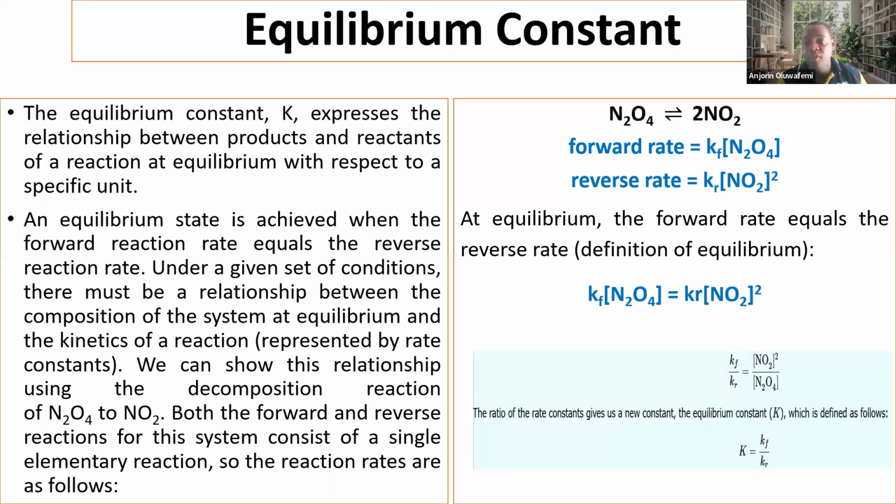For the forward rate, we have that of N2O4, and then for the reverse rate, we have the constant for NO2 raised to power 2. The reason why we are raising to power 2 is because there's a 2 in front of NO2. So at equilibrium, the forward rate equals the reverse rate.